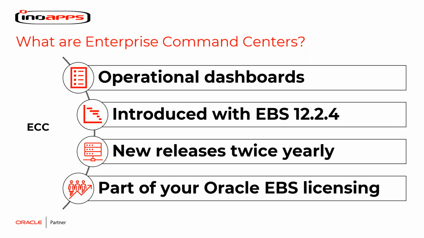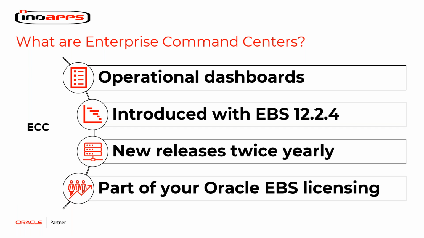The ECCs follow the security that you have built in within EBS. So for example, if you have a responsibility that's limited to a specific operating unit, then when you drill from that EBS menu into ECC, you can only see the information for that particular operating unit.